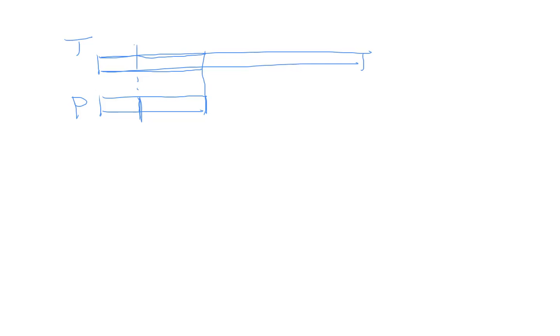So if this part is matched and then you see this is not matched, the naive approach will start from here and match again. The finite automaton approach says that you don't have to start from here.